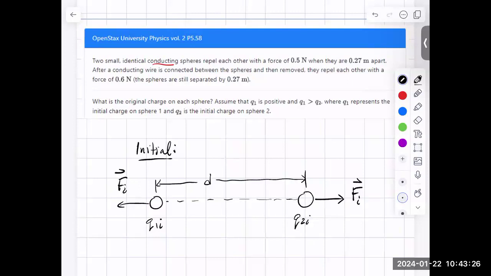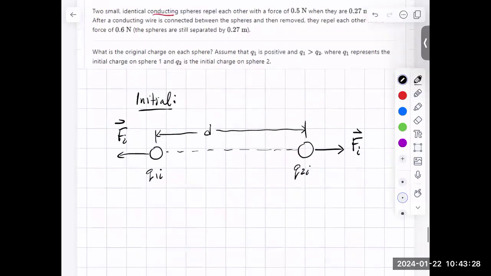Well, what we know from this setup is that the magnitude of the initial force would be given by Coulomb's law. So it's Coulomb's constant times the product of charges divided by the square of the distance between them.